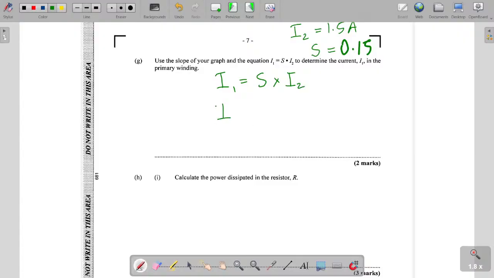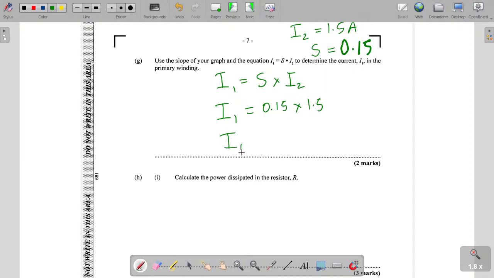So all we need to do is substitute in our values, right? So I1 is going to be equal to S, or gradient, times I2, which is 1.5 amps. So our gradient is 0.15, and our value for I2 is 1.5.